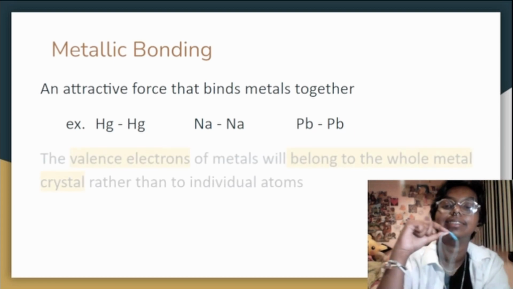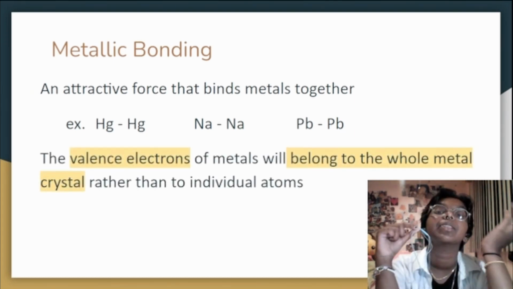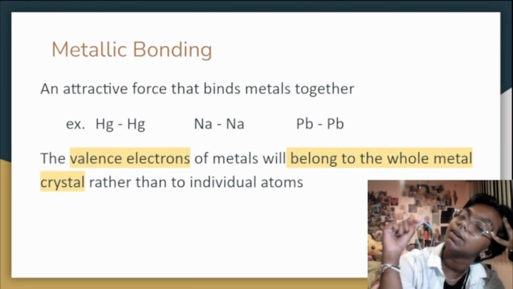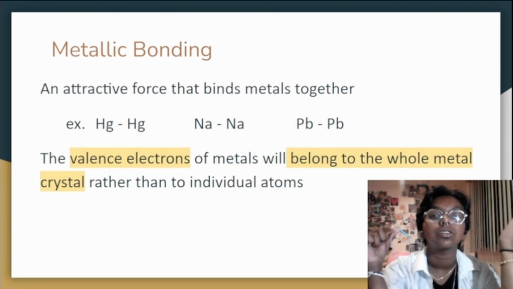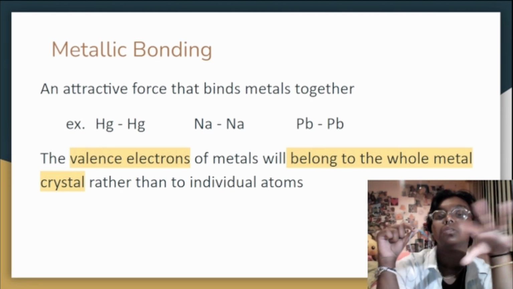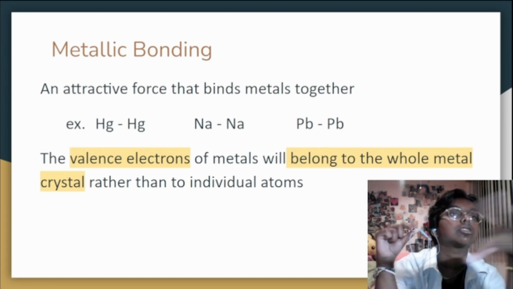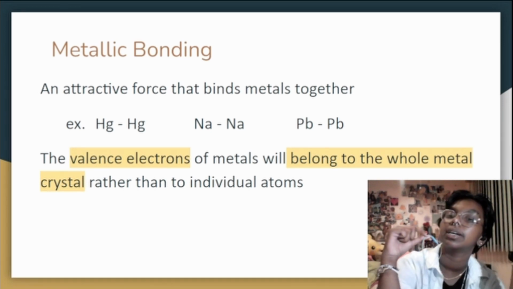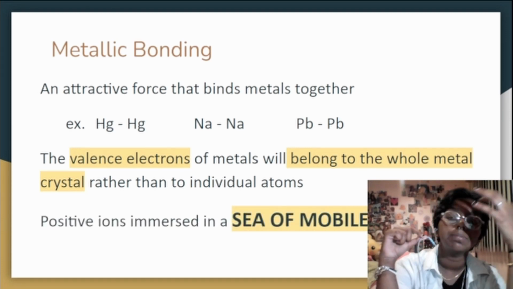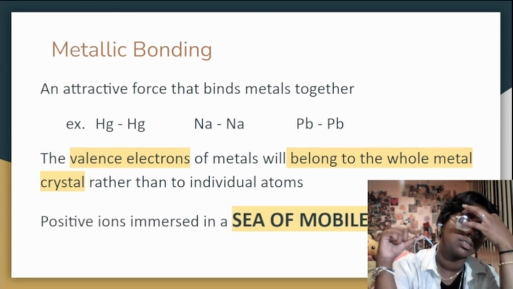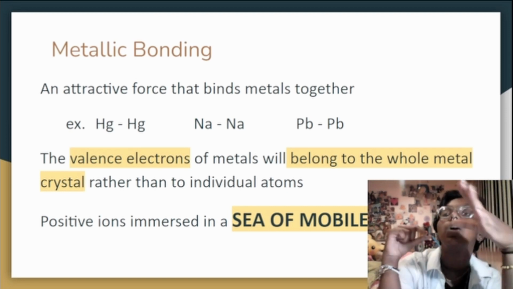Anyways, the way that these metals are bonded together is that valence electrons belong to the whole crystal rather than to individual atoms. The valence electrons are going wherever they want to. They're not bonded to a single atom. So the positive ions of the metal are immersed in a sea of mobile electrons.